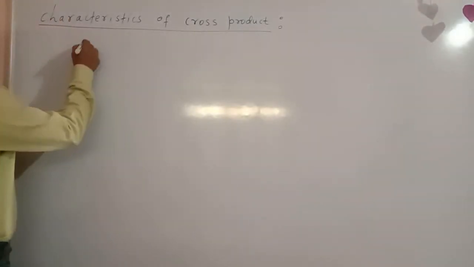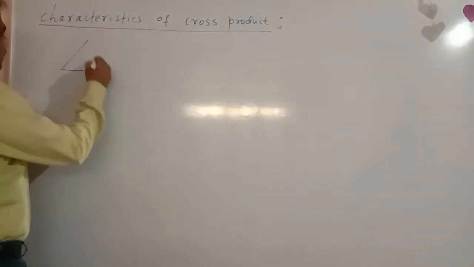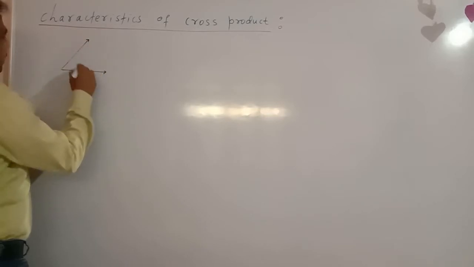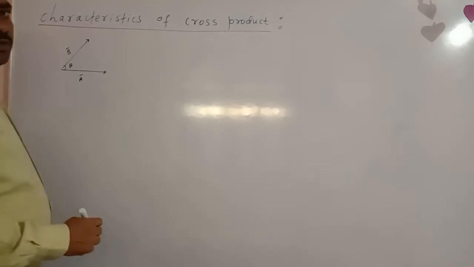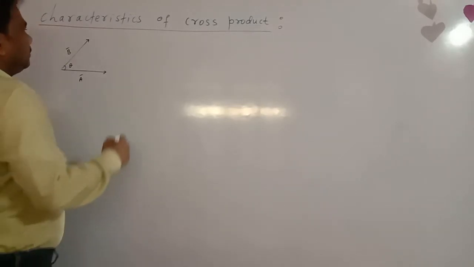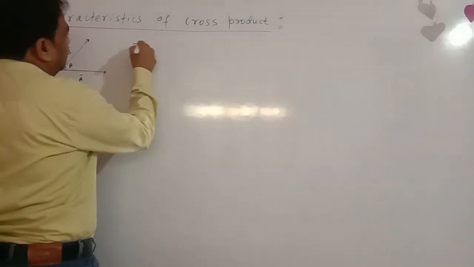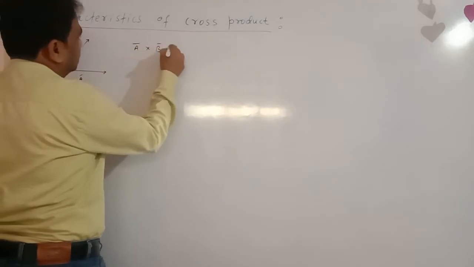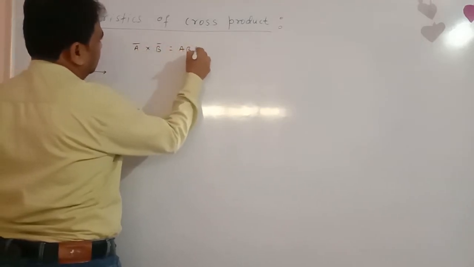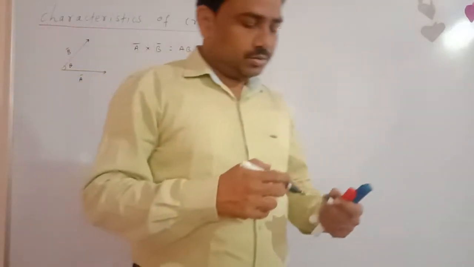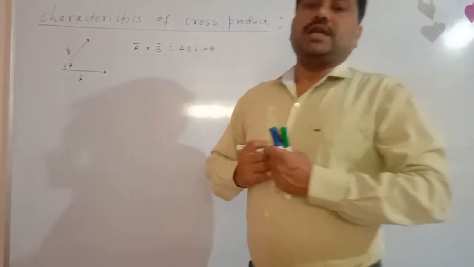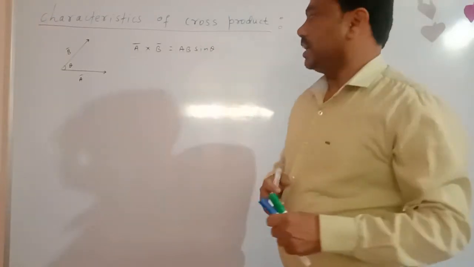If two vectors are there, vector A and vector B, and this is the angle of inclination, what about the cross product? The cross product of vector A cross vector B is equal to AB sine theta. Whatever the angle of inclination is, it should be the sine of the smaller angle.